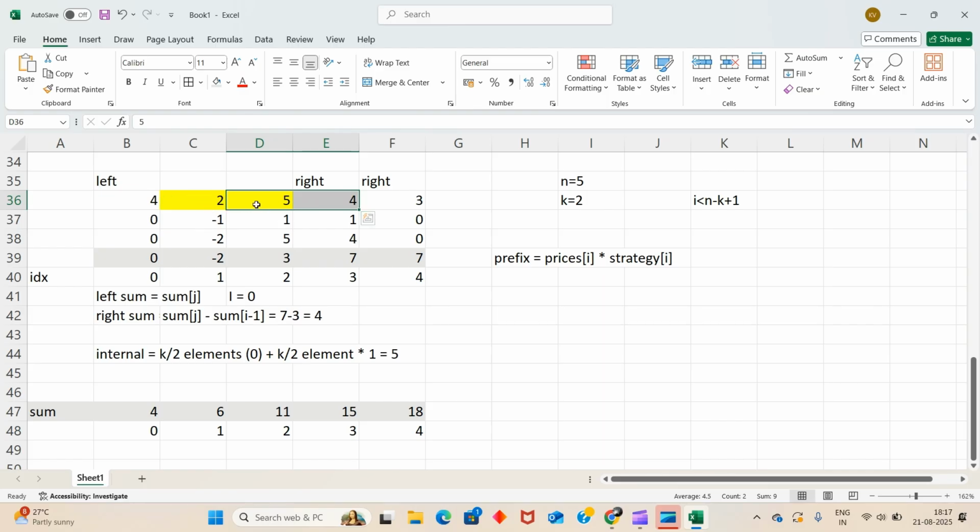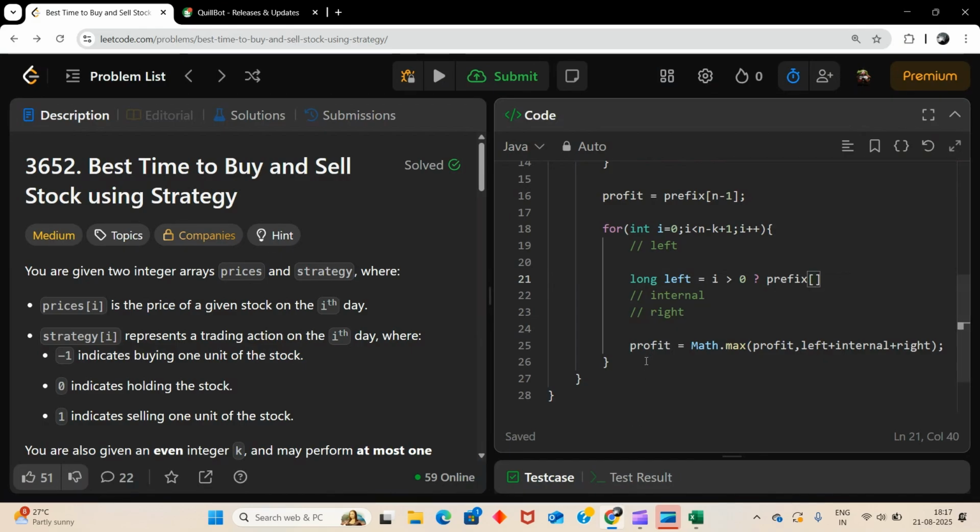It will be just prefix of i minus 1. Left will always start from 0, and if it is not, then it will be 0. So it will be prefix of i minus 1, else it will be 0.